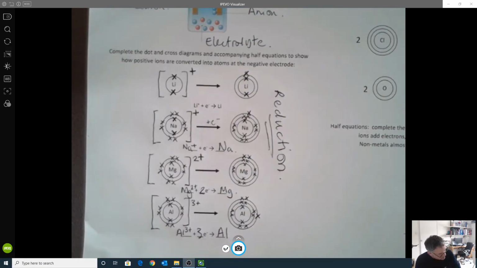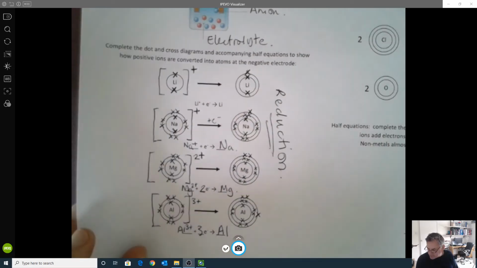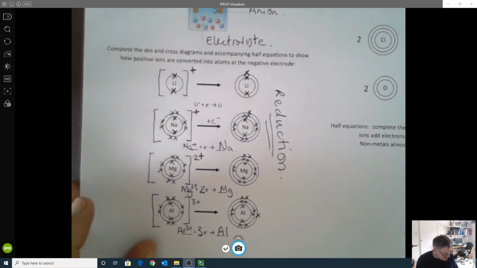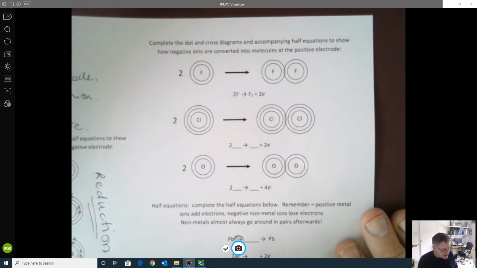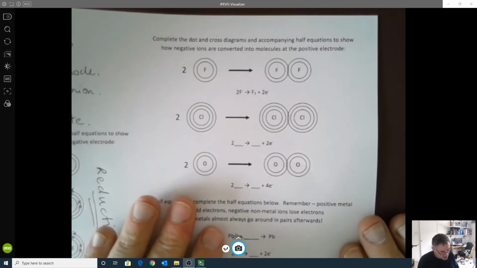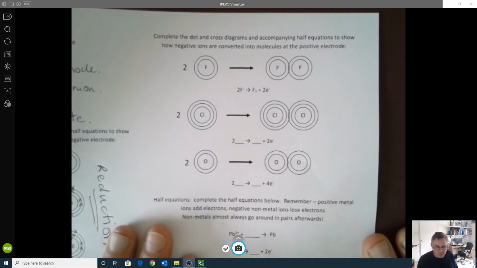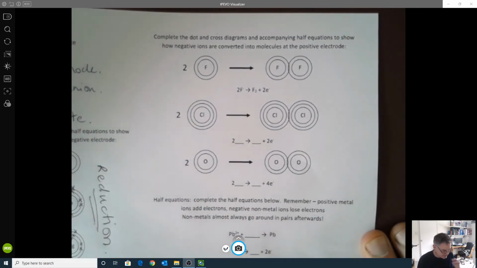Now if we look at negative ions, it gets a little bit more complicated, because with a lot of our negative ions, the atoms that they form go around in pairs. So we've got the halogens, chlorine, bromine, iodine, and oxygen as well.